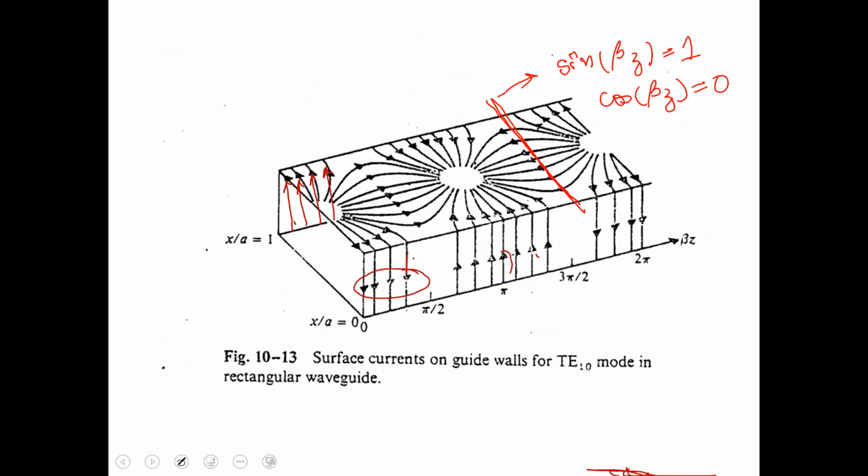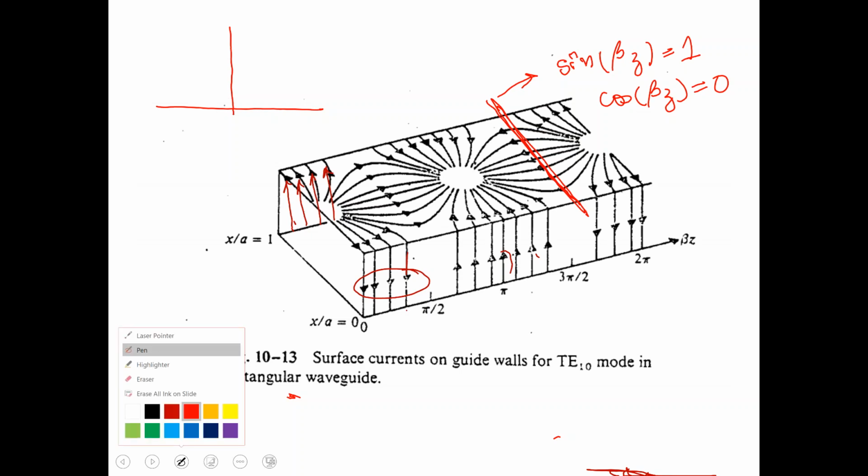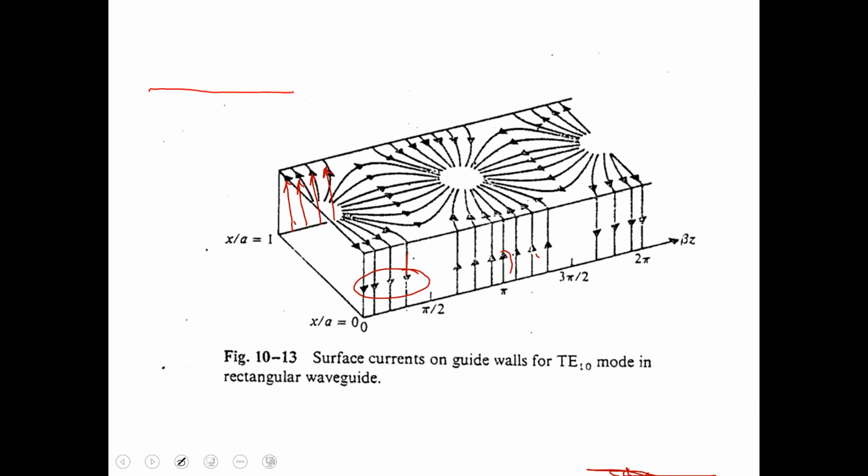So when I look at the walls, you notice now if I was plotting the intensity, if I was plotting the current density with respect to the center, or with respect to my axis, if I was plotting the current density at this cut over here, you will notice that the current will be 0 at x is equal to 0 and would be 0 at x is equal to a.